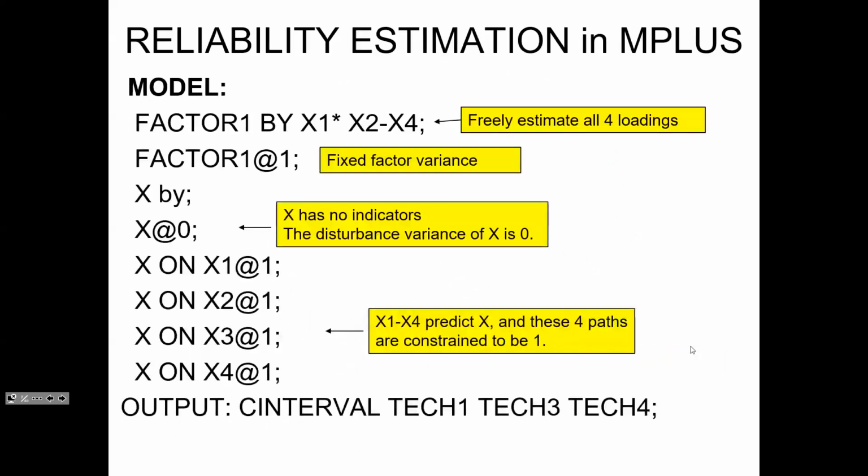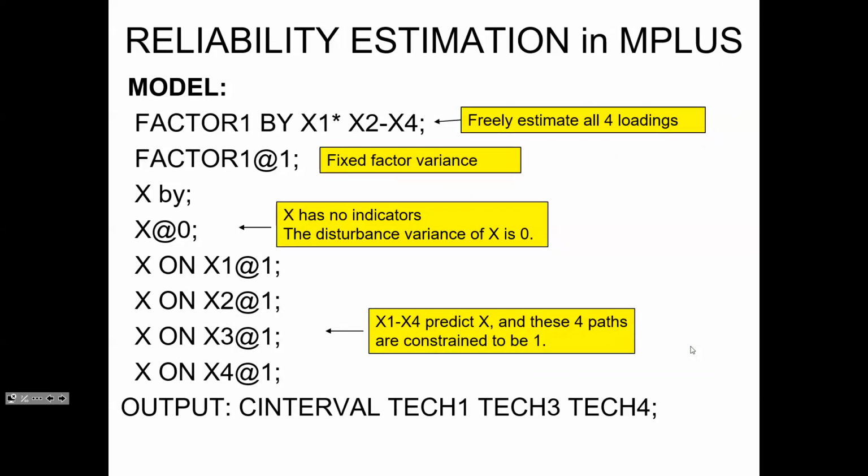Okay, so how are we going to do this in Mplus? All right, here's what we're going to do. Again, it's going to work out best if we use the trick that I was just talking about to freely estimate all 4 loadings. So we're going to say factor 1 by, or whatever you want to name your factor, by x1 star, and notice that the star there is what causes it to be freely estimated.